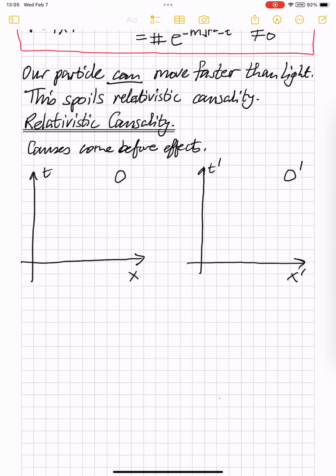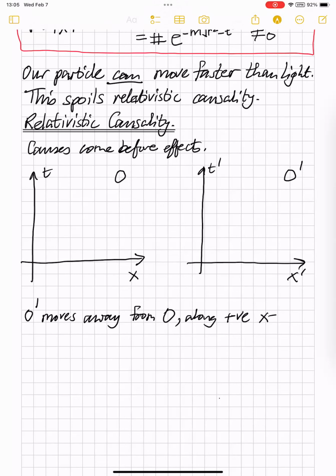What is the relation between the two? O prime moves away from O, and it moves along the positive x-axis.